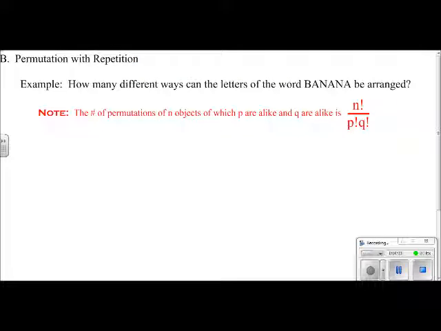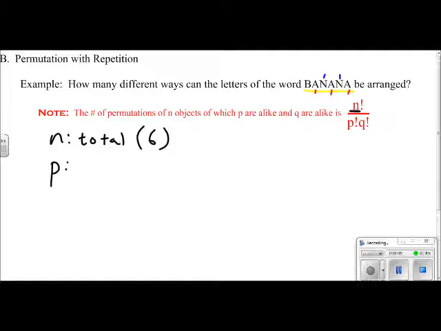Now, sometimes we will have permutations with repetition. Like in this case, where we're looking at the word banana, and we want to rearrange those letters in a unique way. But if you'll notice, A happens 3 times, and N happens 2 times. In this case, there are 6 letters in total, so N is our total letters, and that equals 6.